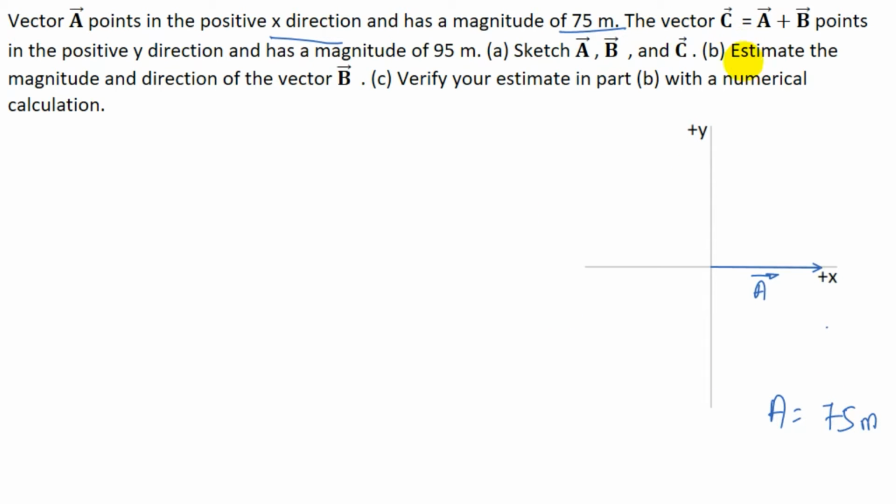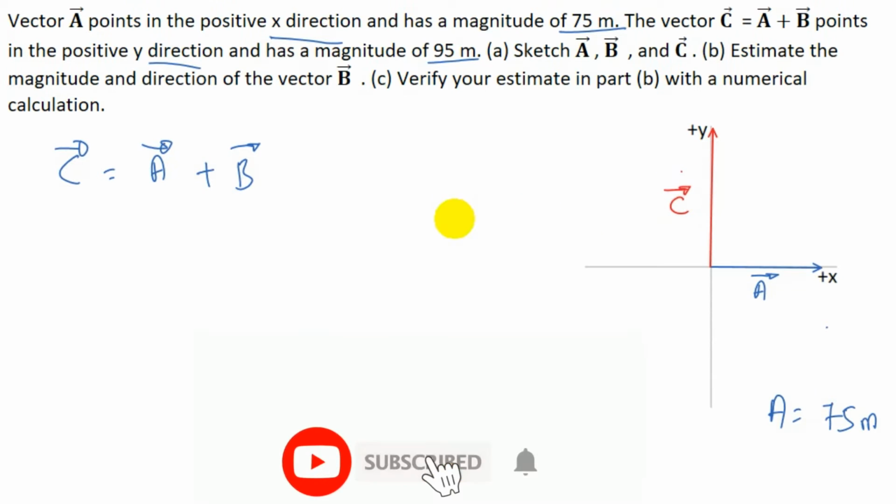Now the vector C, which is the sum of vector A plus vector B, points along the positive y direction and has a magnitude of 95 meters. So vector C would be like this. This is the C vector, which is the summation of A plus B vector.